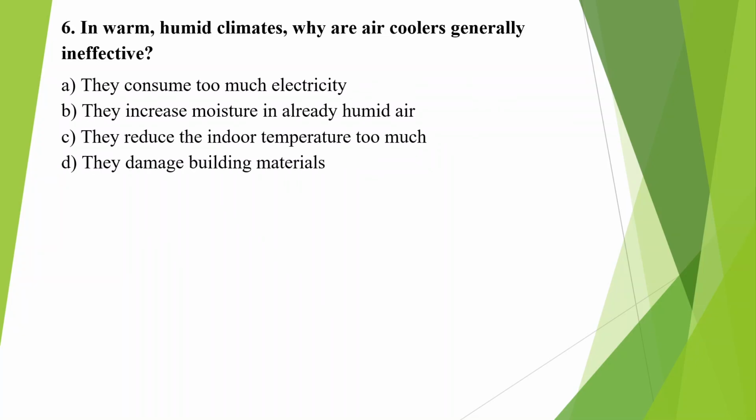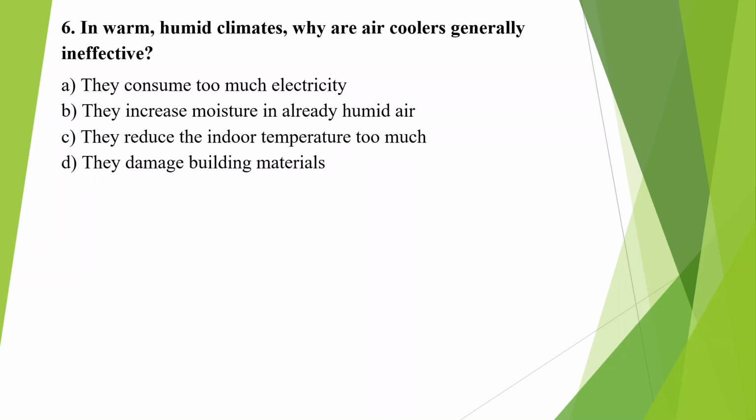Here's the next question in front of you all. Question number 6. In warm, humid climate, you have often observed that air coolers or desert coolers are generally ineffective. So near the sea or in warm, humid states, we don't utilize air coolers.